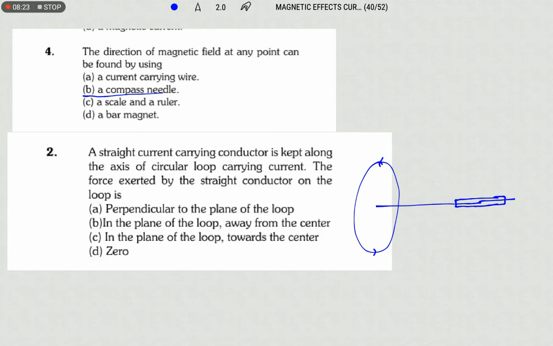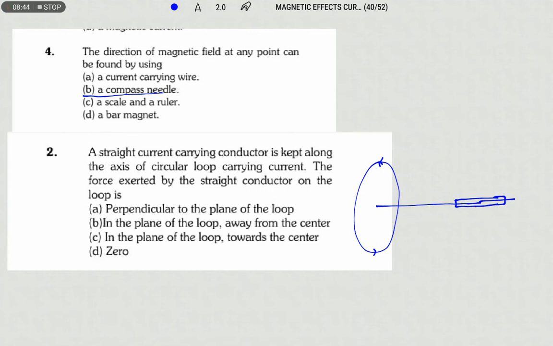The options given are: perpendicular to the plane of the loop, in the plane of the loop away from the center, in the plane of the loop towards the center, and zero.